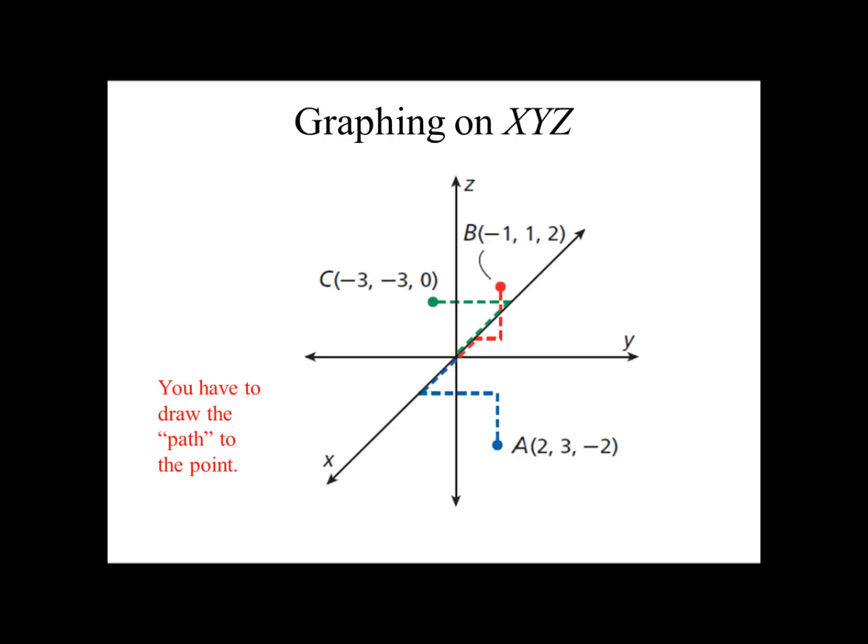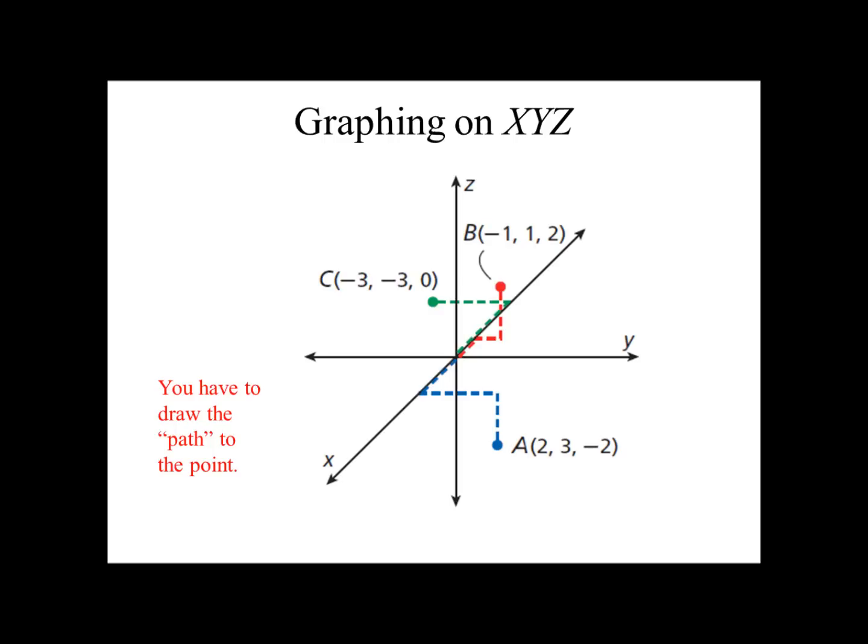Now the positive x-axis is pointing out of the paper, so you move out 2 points, and then you move right 3 points. So we're moving parallel to the y-axis 3 units, and then we move straight down, that is the negative z direction, 2, and we mark the point.